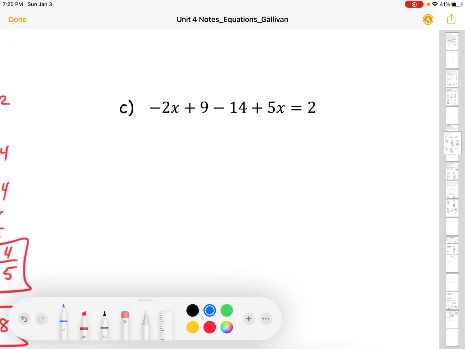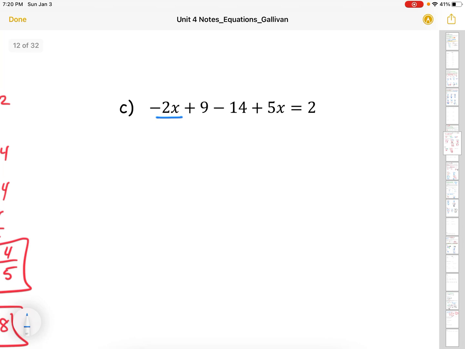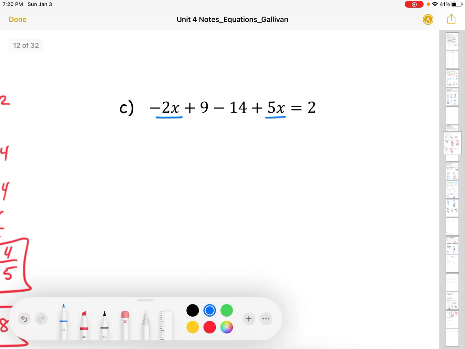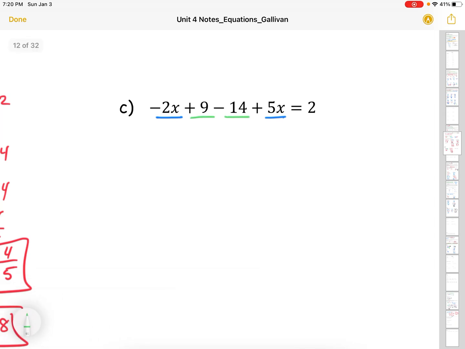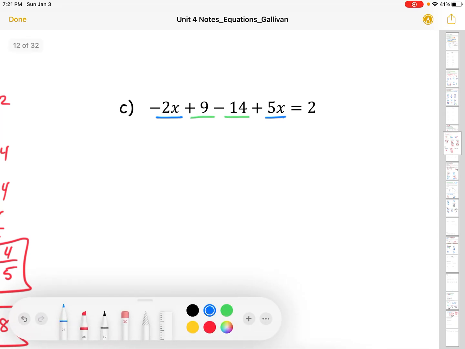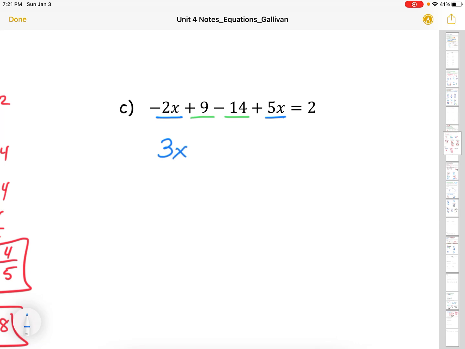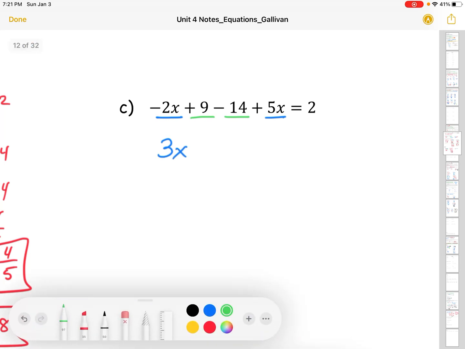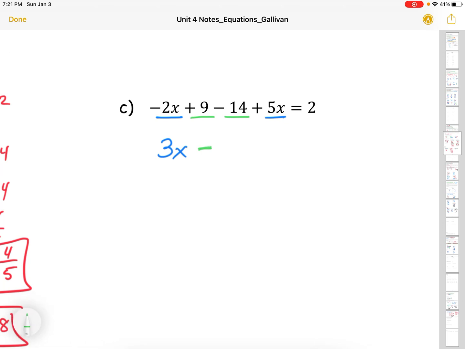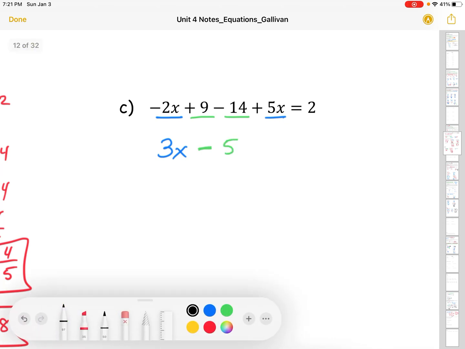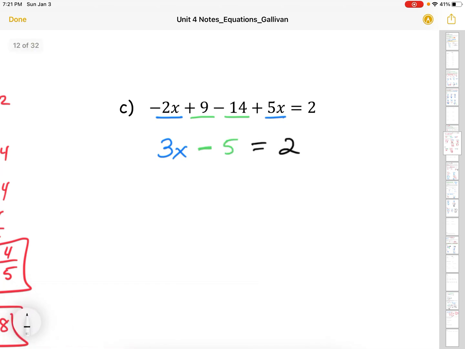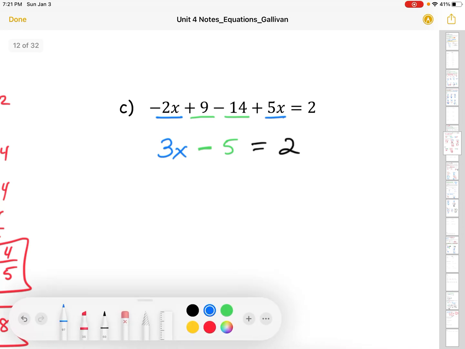Okay, looking at this one here. I've got negative 2x's and 5x's there. I have a 9 and a negative 14. So let's combine those like terms. So I have 3x minus 5 equals 2.